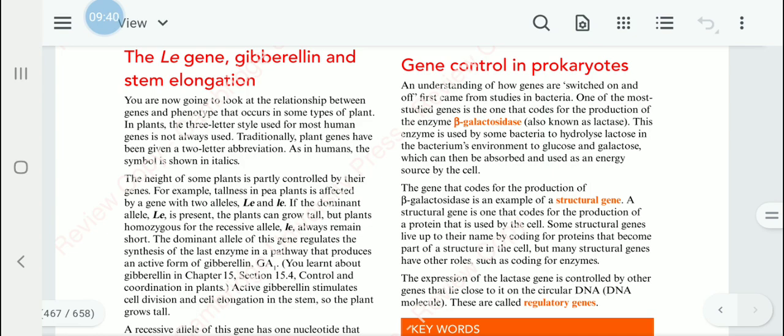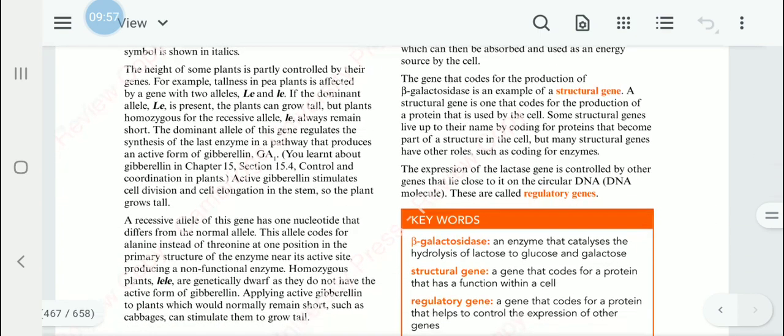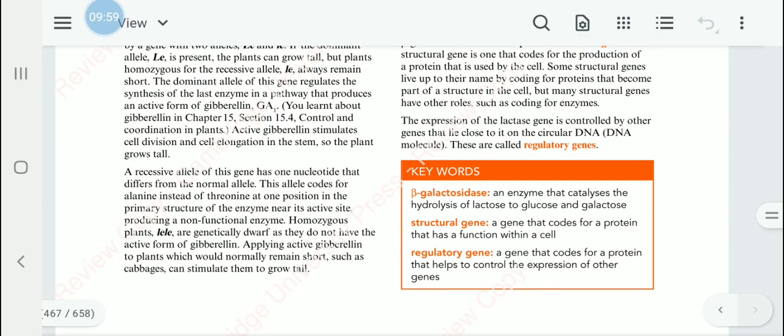Active gibberellin stimulates cell division and elongation in the stem and makes the plant grow tall.